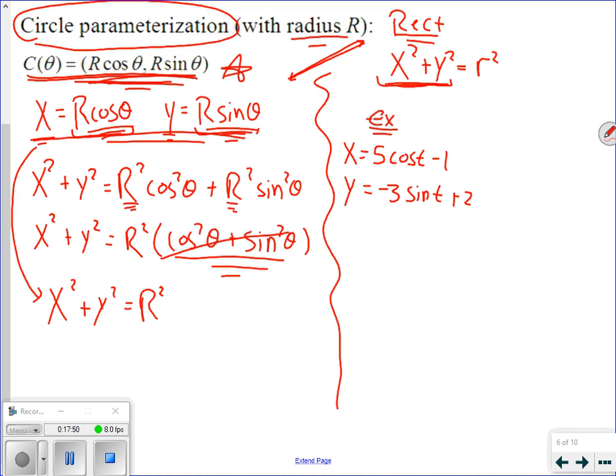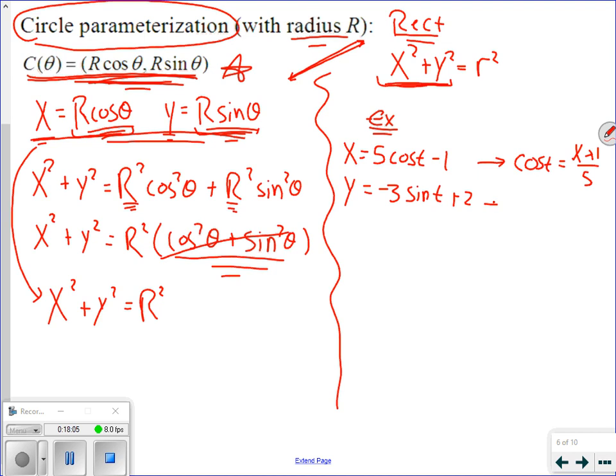Let me explain. So for this one, this is the same thing as saying cosine of t equals, I can add 1 and divide by 5. Oops, that should be add 1, sorry.